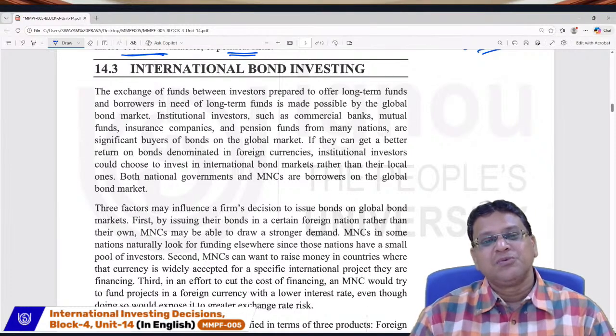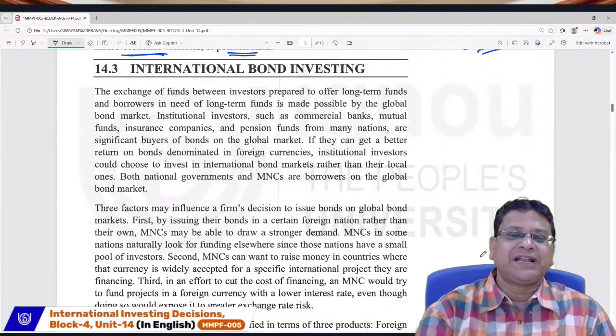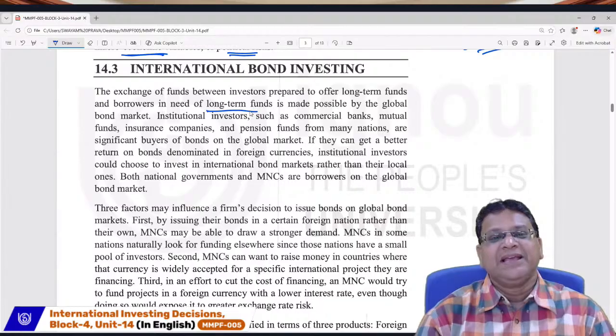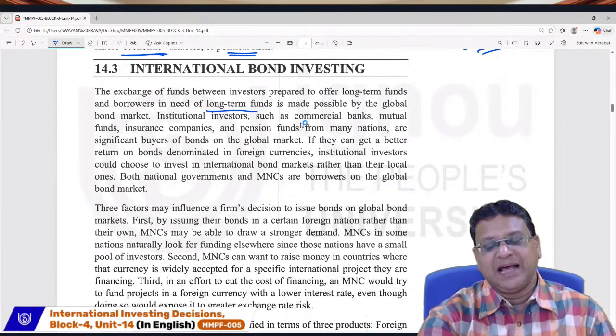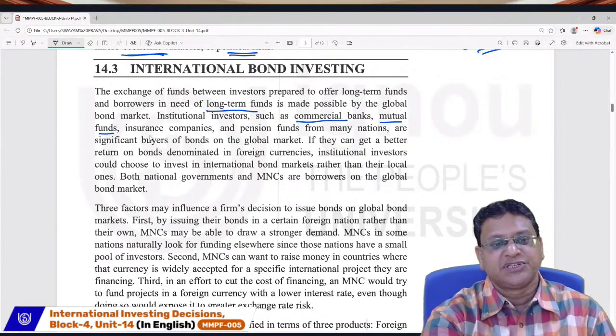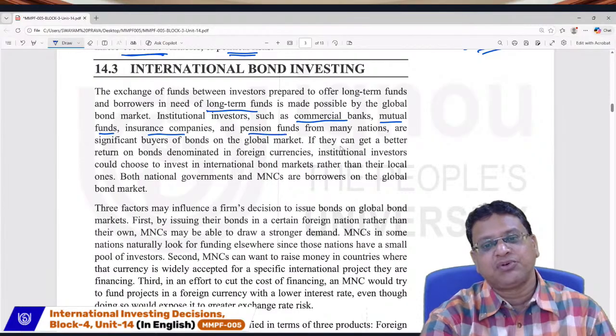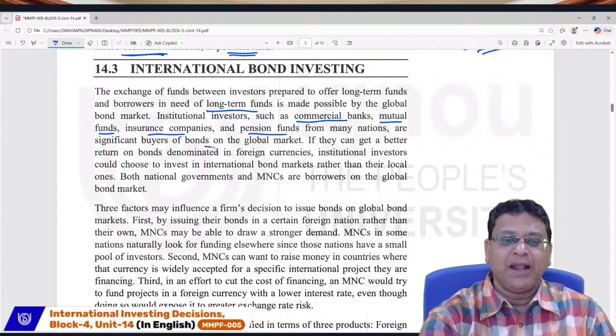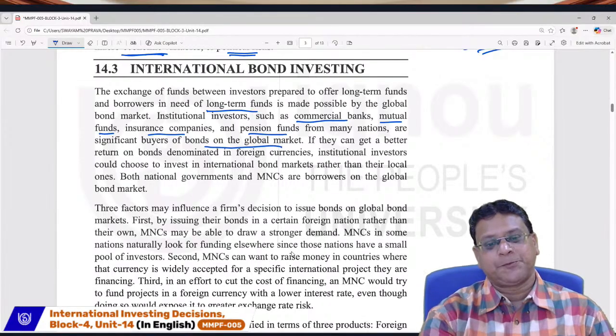The bondholders provide long-term creditorship funds to a particular company. Normally, institutions are interested in investing in bonds. Institutions means commercial banks, mutual funds, insurance companies, and pension funds of a country, which normally go for global bond investment.